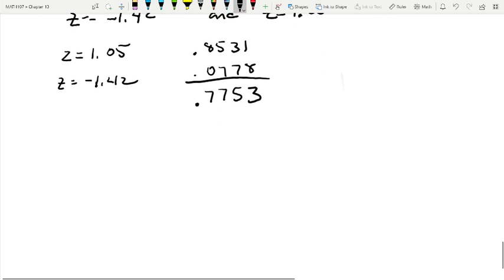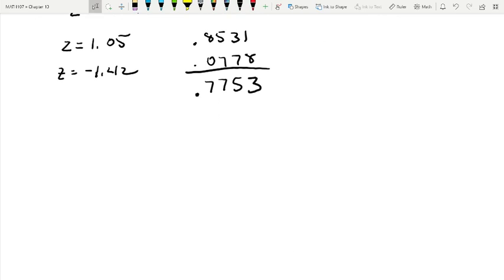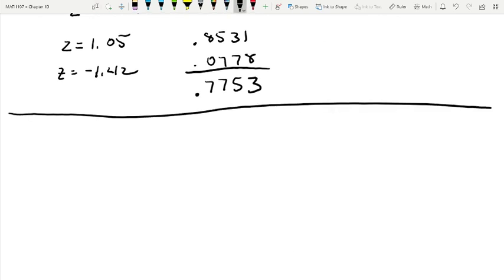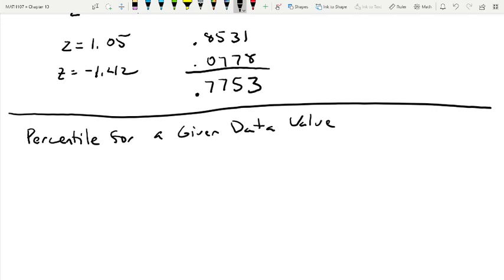Other things we can calculate with our numbers is the percentile for a given data value. You see a lot of this when you talk about standardized testing and you compare people.